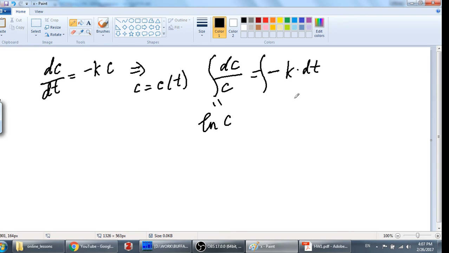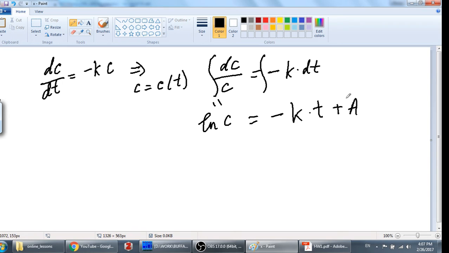And that's also a simple integral that gives you minus k times t. Each of these integrals will come with an integration constant, but you can always bring one of these constants to the other side.